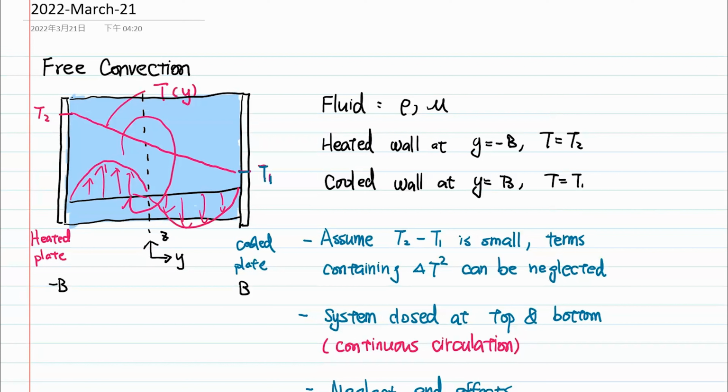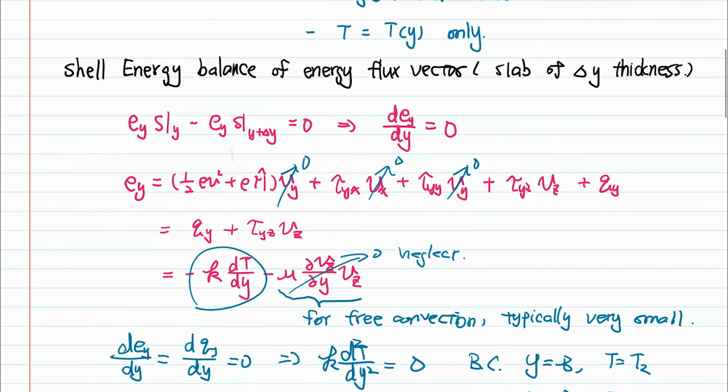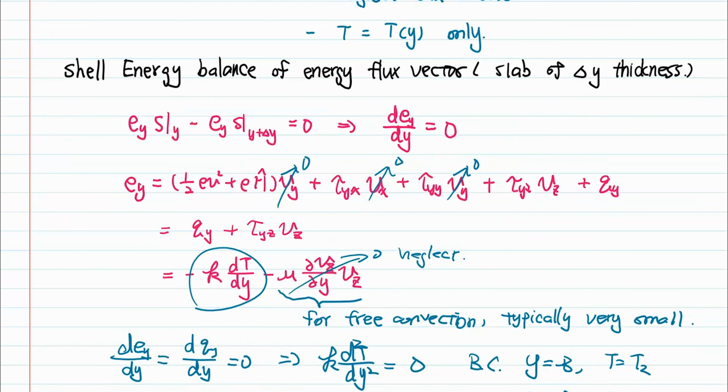If the temperature difference, in this example T1 and T2, is not very large, then you can expect that the flow generated will not be causing a huge problem in the energy balance, right?